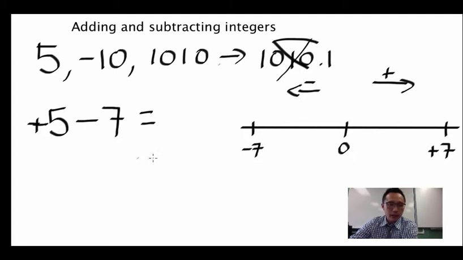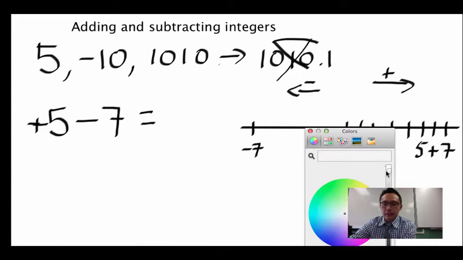Right now we have plus 5, and plus 5 should be about here. So we're starting right about here.